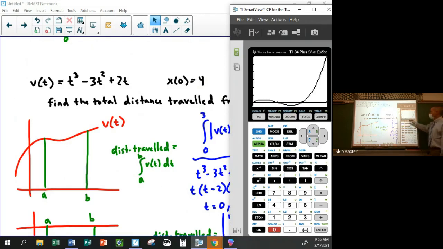So what it's doing is this negative stuff probably isn't symmetric, so it's not like they cancel each other exactly, but this negative stuff is going to cancel out some of that positive stuff that you really want to count.